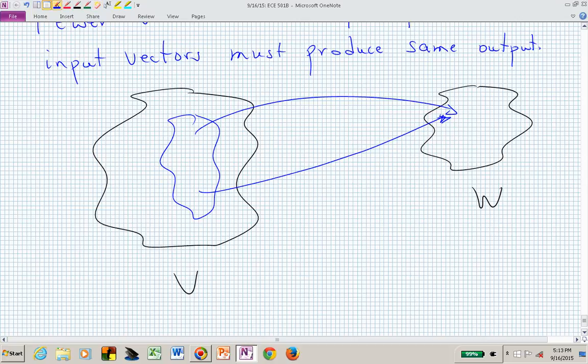We have here the dimension of V is big, and the dimension of W is small.